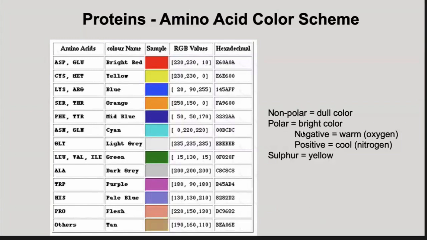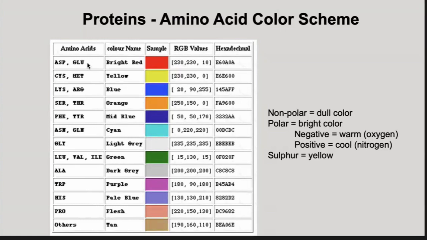If an amino acid has a negative charge in its side chain, that negative charge always comes from the presence of oxygen atoms. Since oxygen itself is red in the element color scheme, all of the negatively charged amino acids are represented by warm colors. Now, there are two amino acids, aspartic acid represented by ASP and glutamic acid represented by GLU.